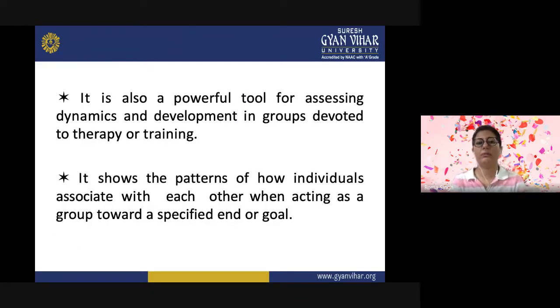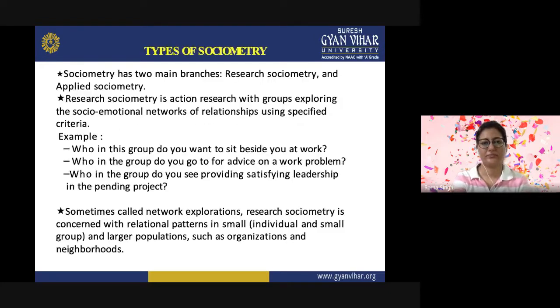It is also a powerful tool for assessing group dynamics and development in groups devoted to therapy or training. It shows the patterns of how individuals associate with each other when acting as a group toward a specified end or goal. Ultimately, a group needs to reach its goal, and for that they have to remove all kinds of differences among them.